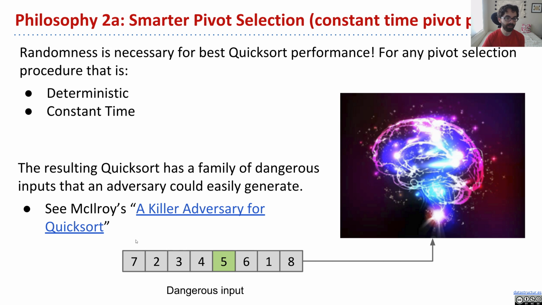So there's a paper here that I think's like an hour and a half maybe to figure out what it's saying, but it explains, given a version of quicksort with these properties, you could generate an array. And actually that's true in Java. There exists an array of numbers that you give to the built-in Java quicksort, and it will cause it to go n squared and ultimately crash because it runs out of stack memory, I think.